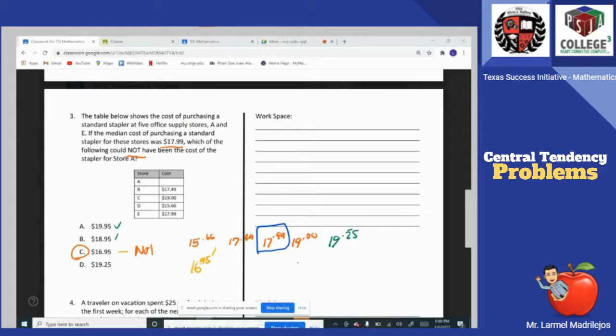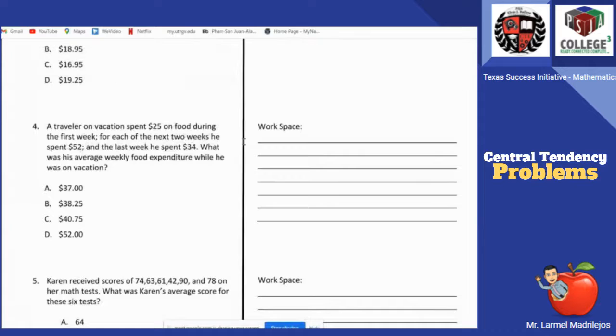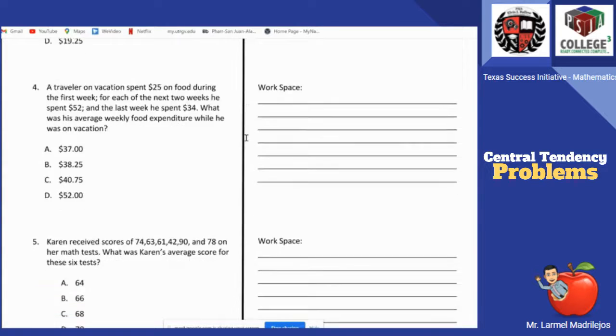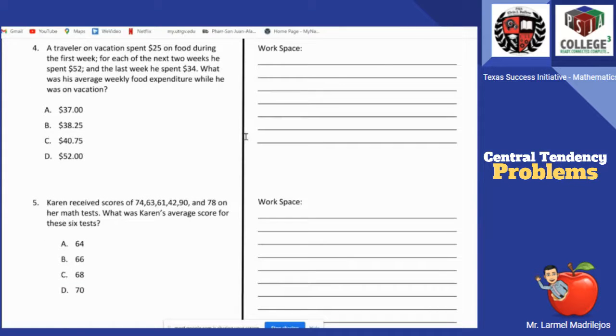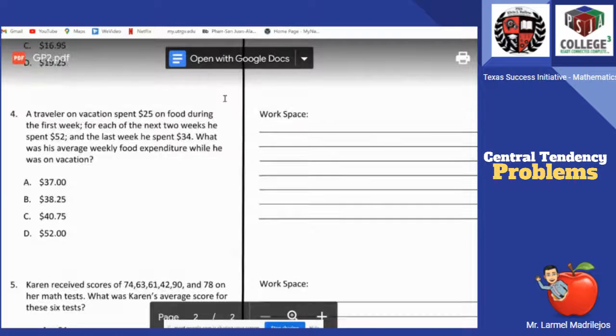Okay. Next question, question number 4. A traveler on a vacation spent $25 on food during the first week. For each of the next 2 weeks, he spent $52.